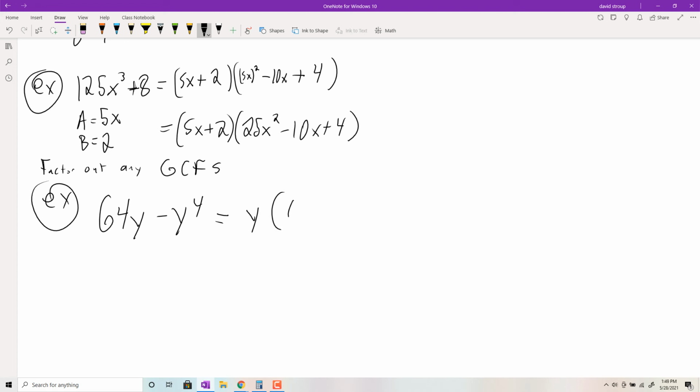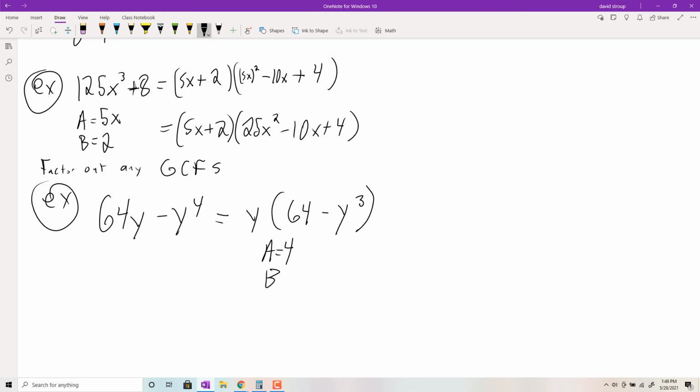So pull out a y and you get 64 minus y cubed. If you want to, you pull out a negative y and make it look prettier. So you'd have negative y times y cubed minus 64. But this will work in the same way. So there's sometimes more than one way to factor it. And you just have to read the directions in the problem if they want you to factor out the negative or not. But anyways, the a in this version is 4.